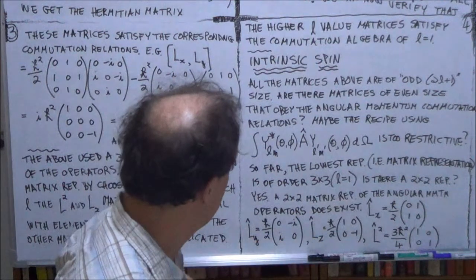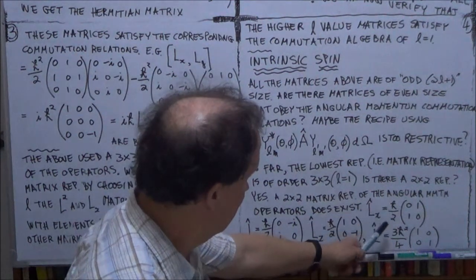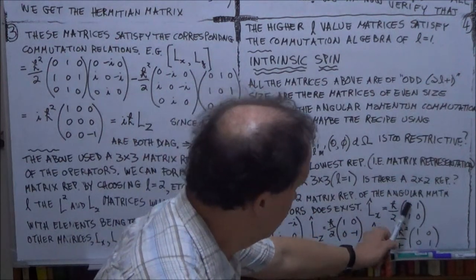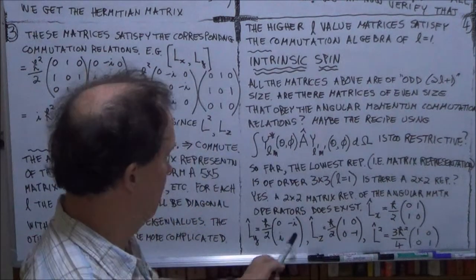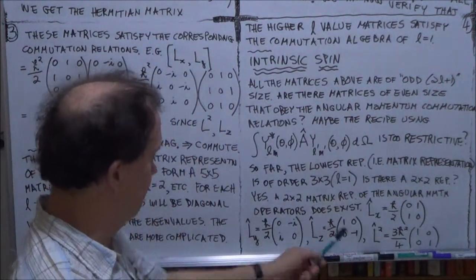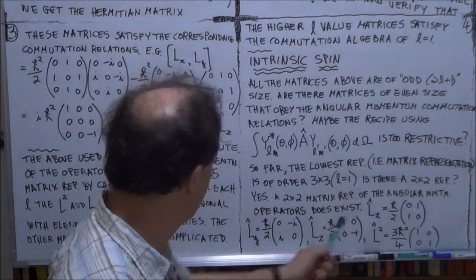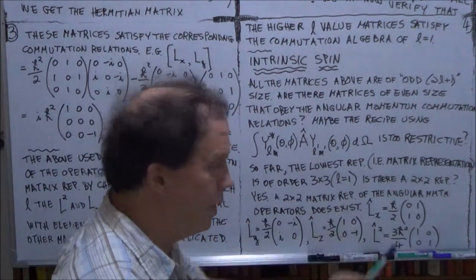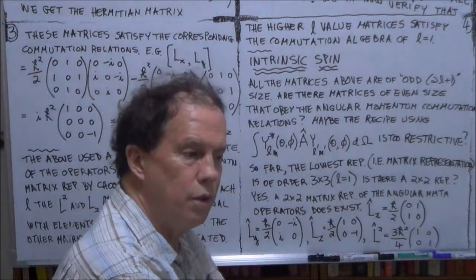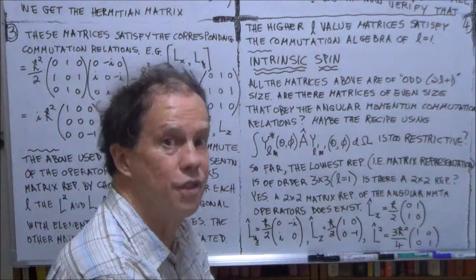So for Lx, it's h bar over 2, times a matrix with off-diagonal entries 0, 1, 1, 0. Well, I won't read more, rather boring. You can just see for yourselves. Now, if you take the commutator, say of Lx and Ly, you'll get the equivalent result you would get if you had taken the commutator of the operators directly.